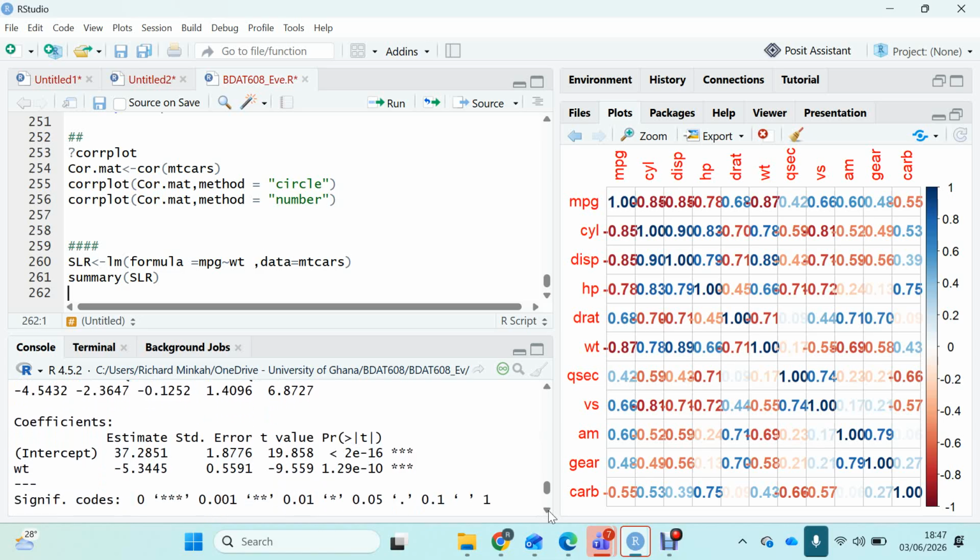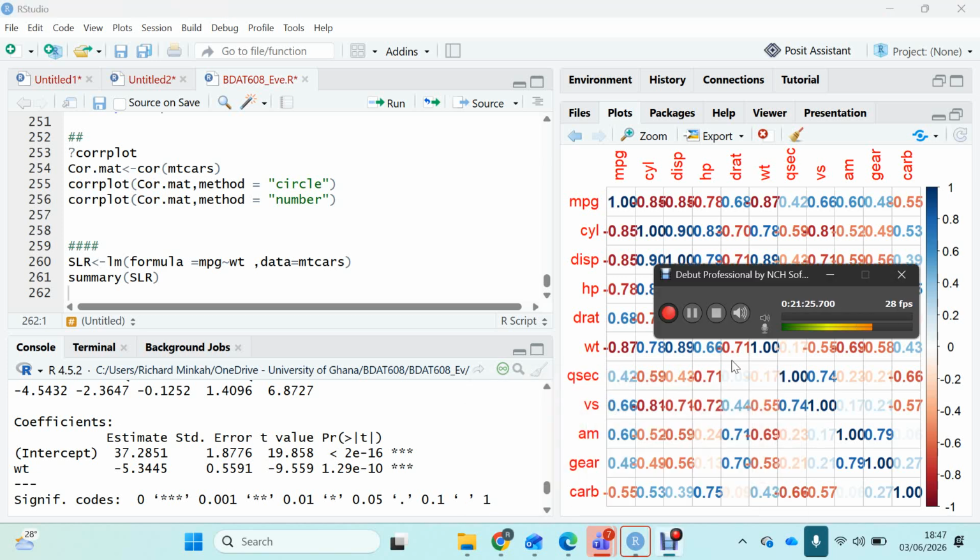Will you say this is a significant predictor of the MPG? So let's all do it and just try and explain what they mean. Is that okay?